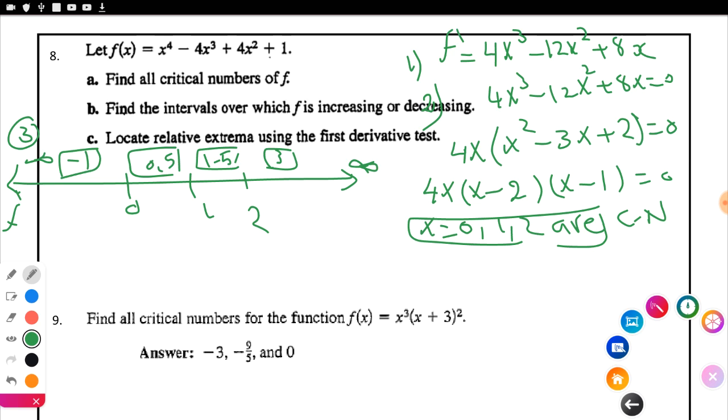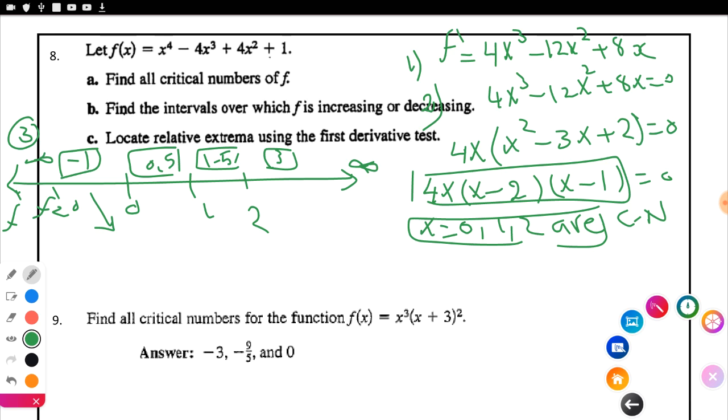Just replace in the first derivative. First, I prefer to substitute in this one, that is the first derivative after factorizing. It will help you. If you would like to use the original one in step 1, no problem. Here, negative 1, it will be negative, negative, negative. 3 negatives, so f prime will be less than 0, decreasing.